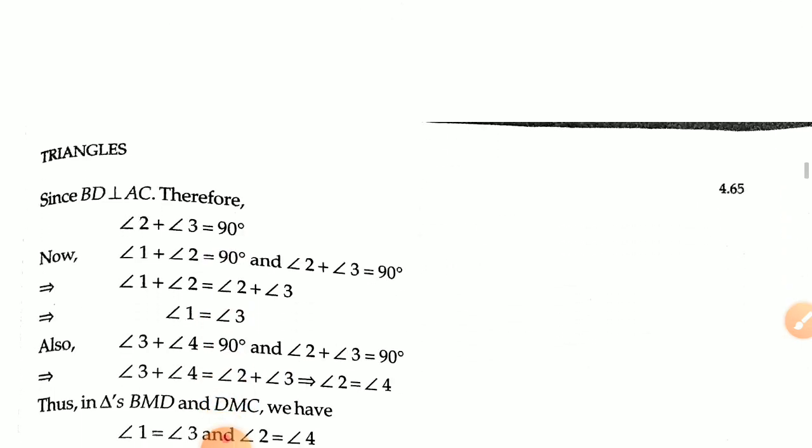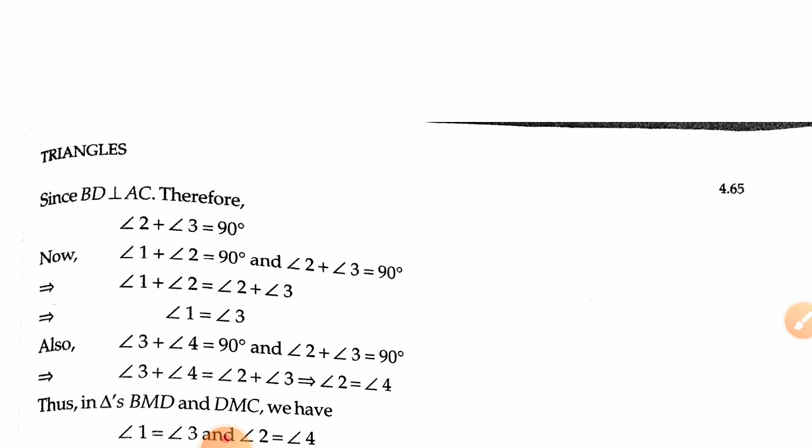And since BD is perpendicular to AC, therefore angle 2 plus angle 3 is equal to 90. Now, above we have proved that angle 1 plus angle 2 is equal to 90. Similarly, angle 2 plus angle 3 is equal to 90.